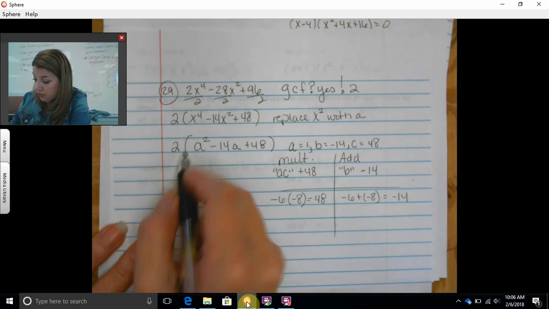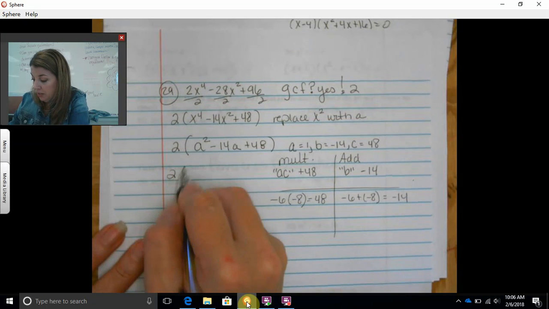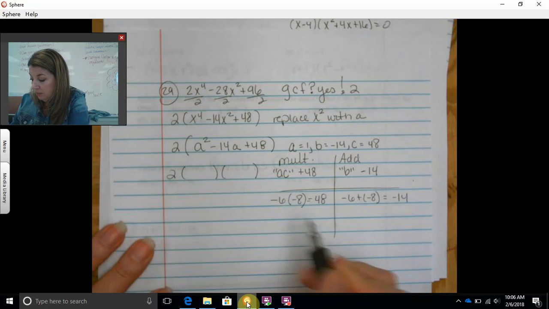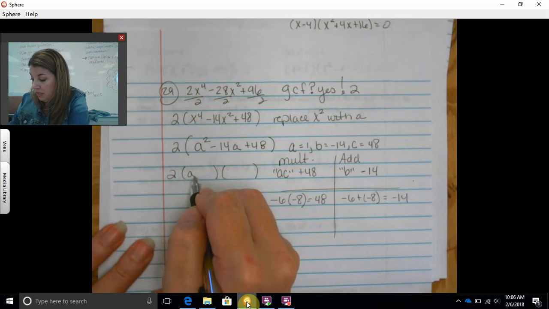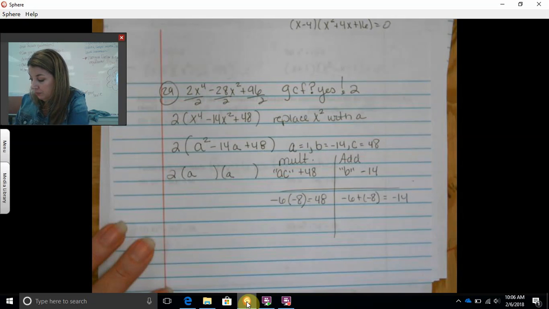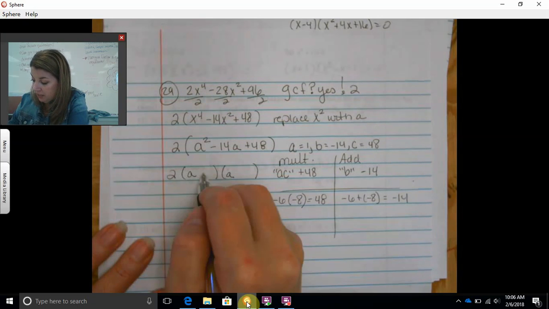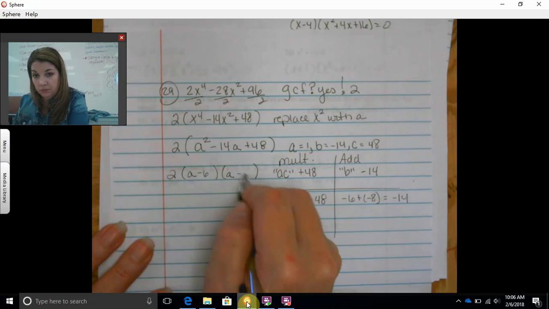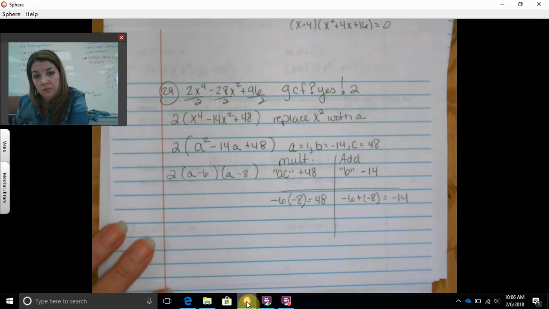So don't forget your GCF. Make two sets of parentheses. Right now we're just using the A. And we have a minus 6 and a minus 8. Are those my factors? Might they be one of your choices if it was multiple choice? Probably.